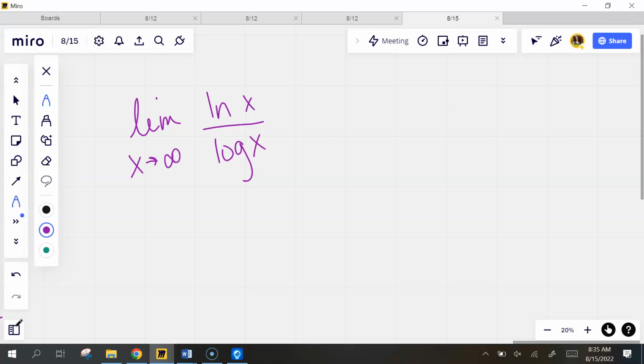Could you rewrite anything here? Okay, so the natural log is the same thing as log base e of x over log of x. I can't condense unless I'm saying bases. There's not really anything I can do there. Can you think of anything you could do?